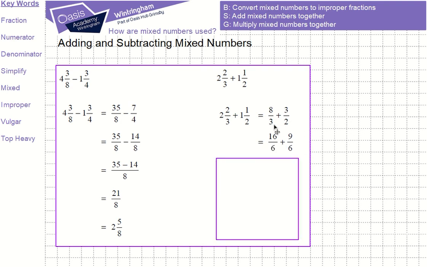The next step, 3 and 2 on the denominators are different, and the lowest common multiple is 6. The first fraction has been multiplied by 2. 3 multiplied by 2 is 6, and they've done the same to the numerator. And the second fraction, we've gone from 2 to 6, and that is multiplied by 3, and 3 is also multiplied by 3 to get 9.